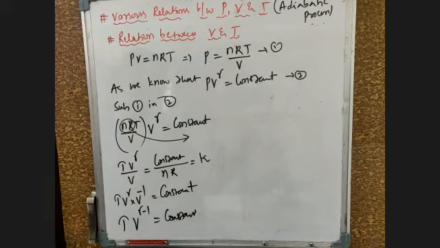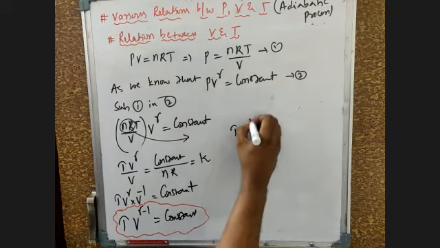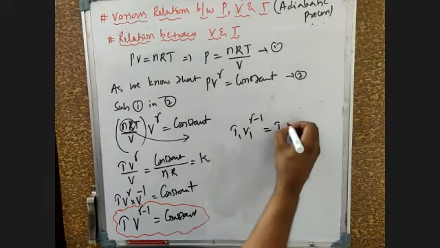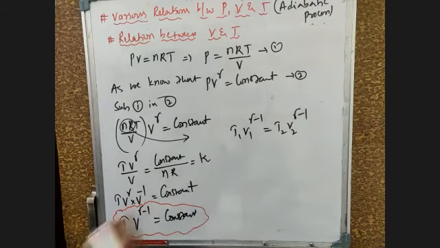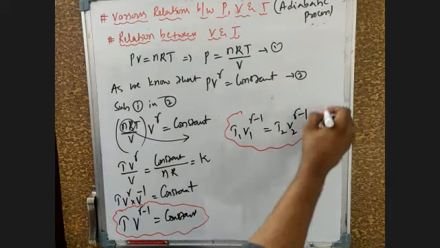This is the relation you need to remember between temperature and volume: T V to the power of gamma minus 1 is equal to constant, or else I can write T1 V1 to the power of gamma minus 1 is equal to T2 V2 to the power of gamma minus 1. That is the relation between volume and temperature.